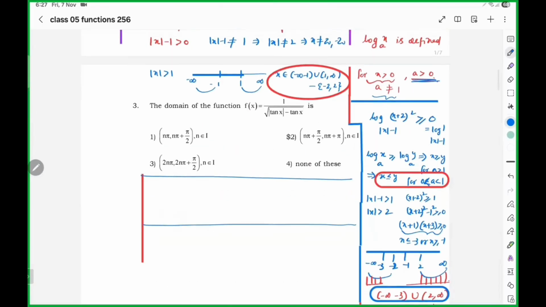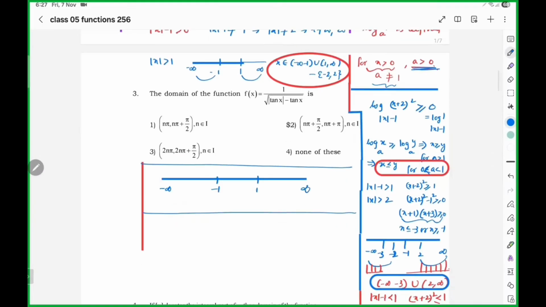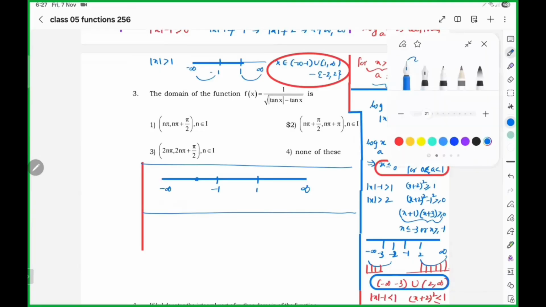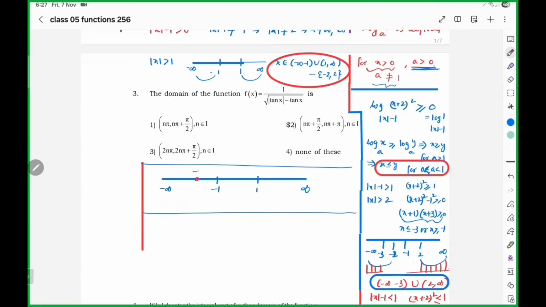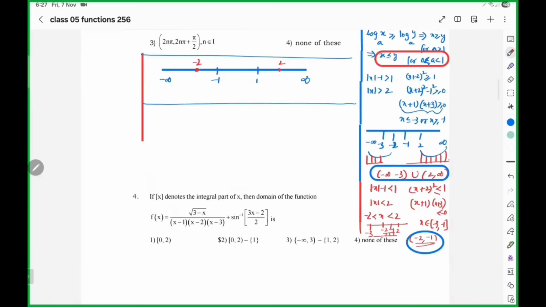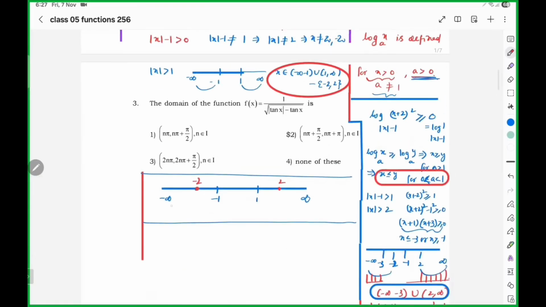Here the first solution is minus infinity to minus 1, 1 to infinity. First solution, except minus 2. What I say here is I cannot take minus 2, I cannot take 2.